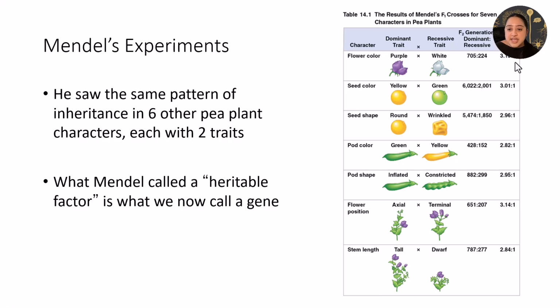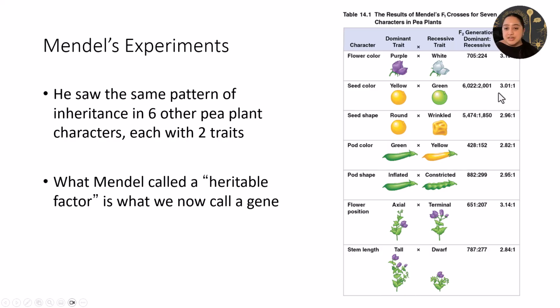And so he did this again and again and again. And look at all this data. It's so interesting. For seed color, he looked at yellow versus green seeds. And so he found 6,000 yellow seeds and 2,000 green seeds. Again, those are pretty even numbers, so that doesn't seem random.